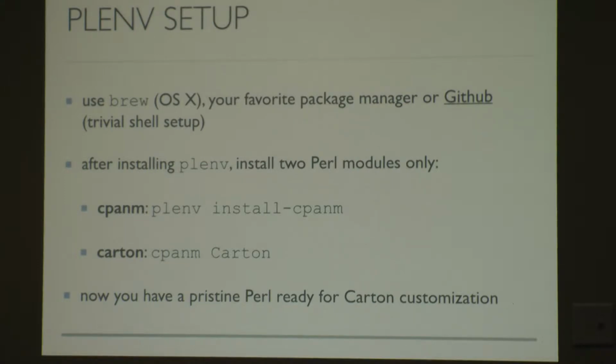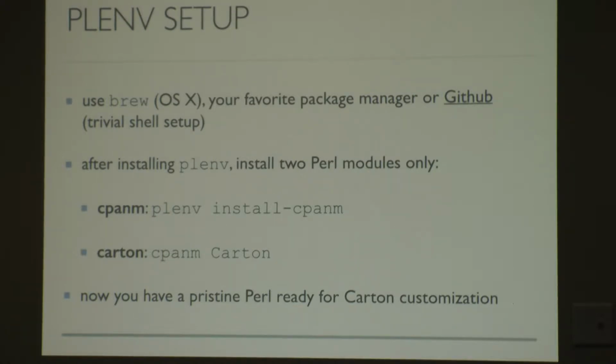So this is my opinion at this point. After you install plenv, I always install two modules and only two modules. I'll install cpanm. If you haven't used cpanm, it's like a big breath of fresh air. It's amazing because it skips all the tests and security checks. It's just really fast.